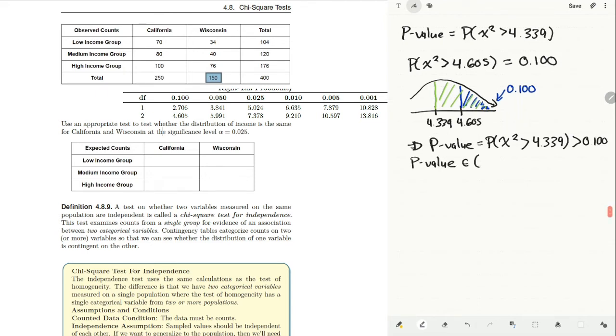So using an interval, we can say that the p-value will be between 0.1 and 1.